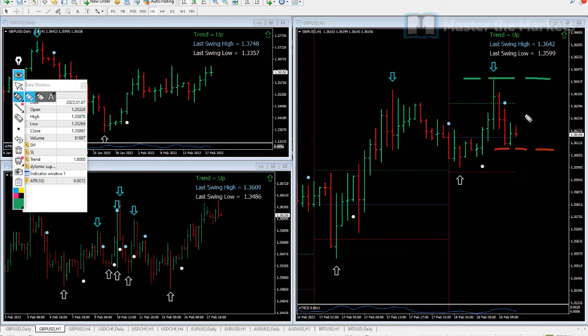So what we are looking for is actually what we call a continuation primary. So where the next bar will take out the high of this bar, but doesn't take out the high of this high yet. Okay, once we have that, then we will put an entry over there and then a stop loss for the low of the continuation primary. Okay, that's what we will do. Now, so we will wait and see as the hours go by what kind of price action we get.